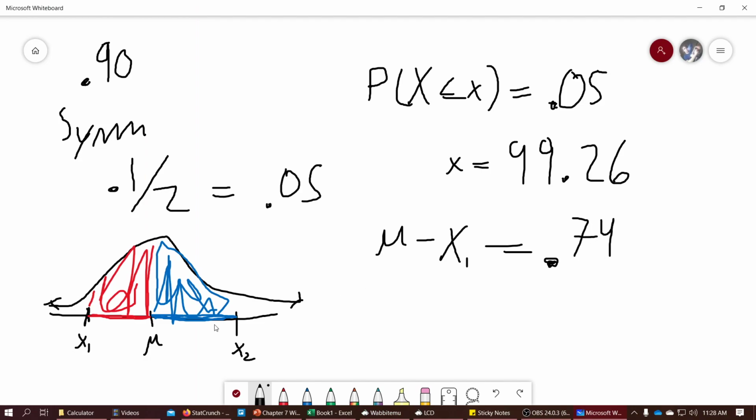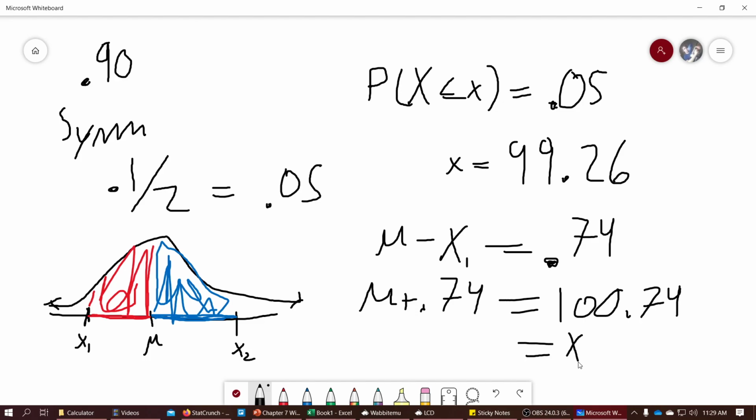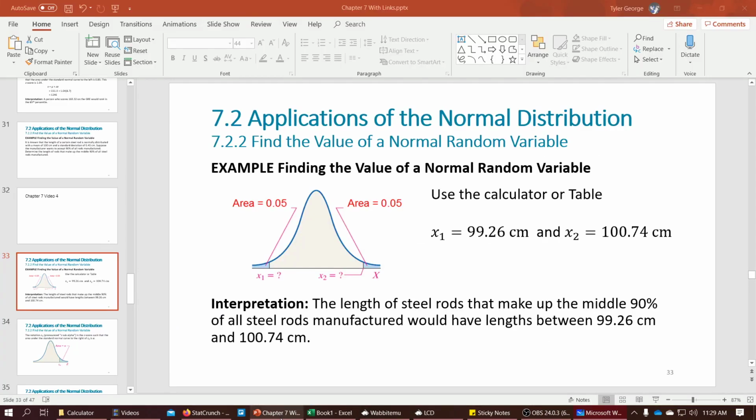Now we can take mu and add that to get x2. Nice and easy, just using the symmetry of the normal distribution. 100.74. And the interpretation: the length of the steel rods that make up the middle 90% of all steel rods manufactured would have lengths between 99.26 centimeters and 100.74.